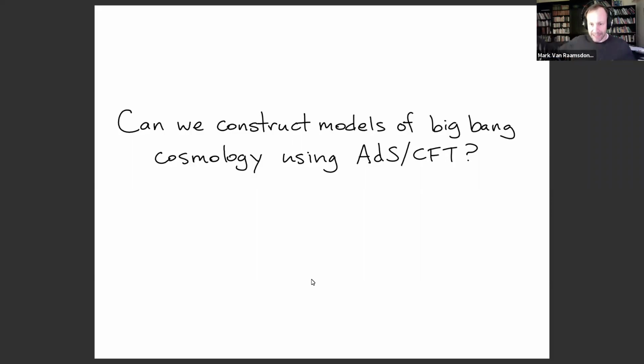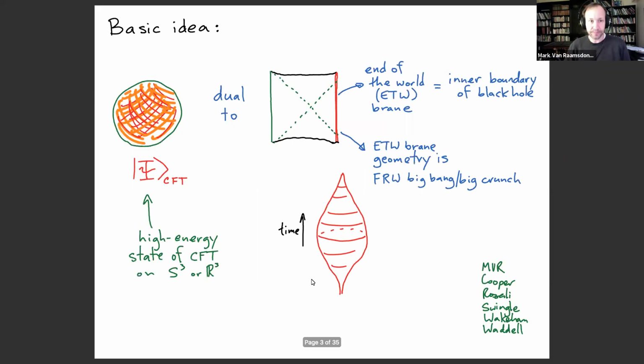Asymptotically AdS spacetimes could have lots of interesting things in the interior, black holes and whatnot, but near the asymptotic boundary, things are just empty and negatively curved. So this is not really much like our own universe that we observe, and it's hard to see how we could connect these two things.